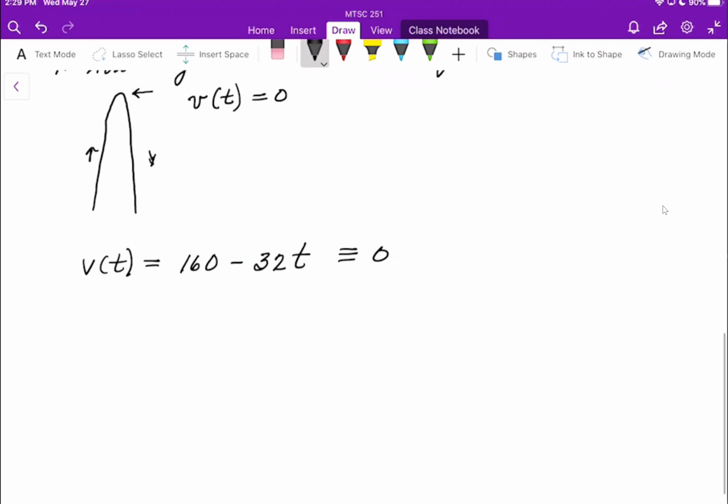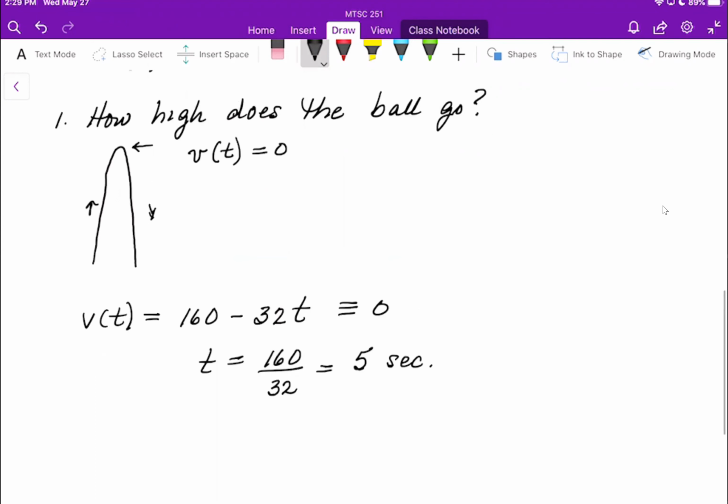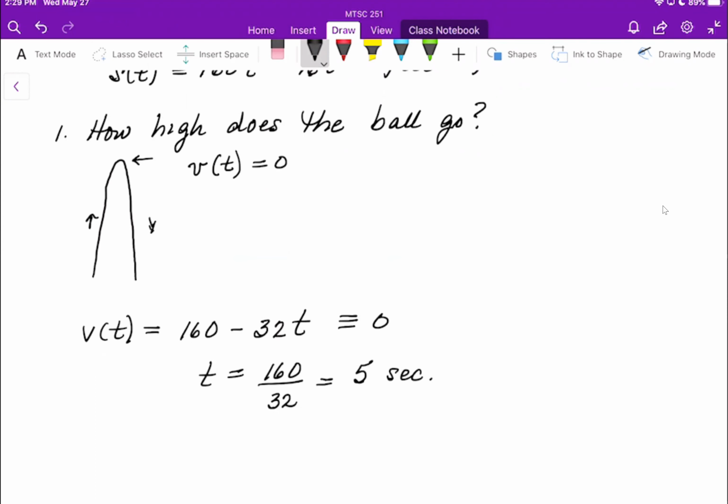When we solve this, we get t is 160 divided by 32. So that's 5 seconds. So we know that at t equals 5 seconds the ball turns around and comes back down.